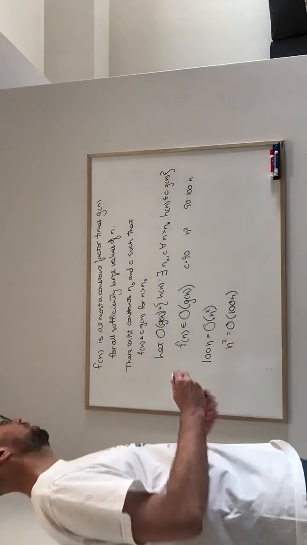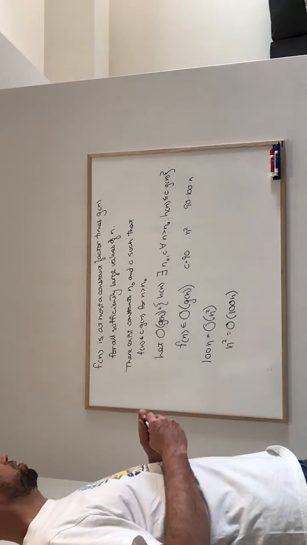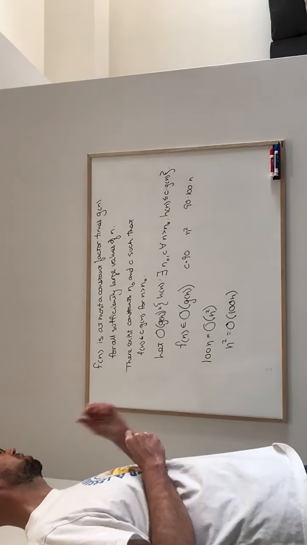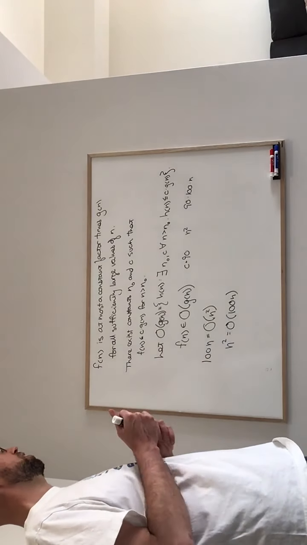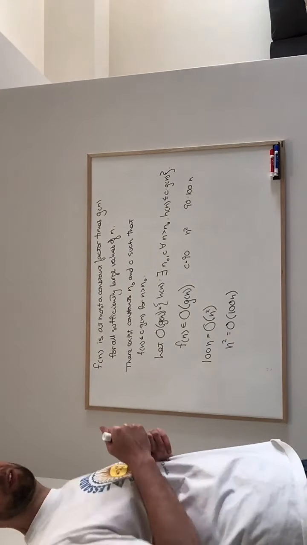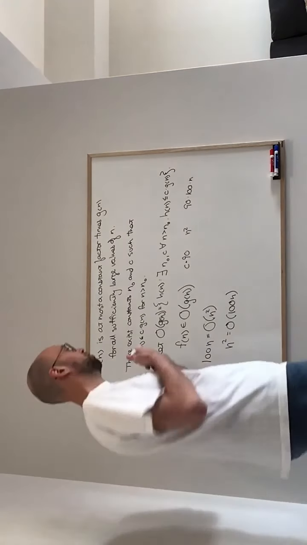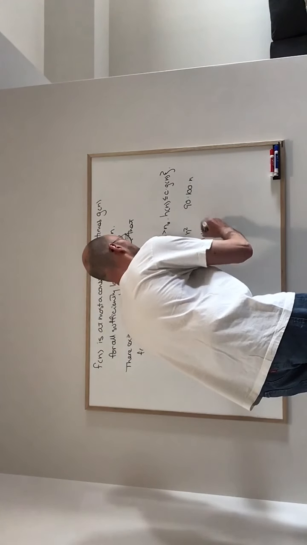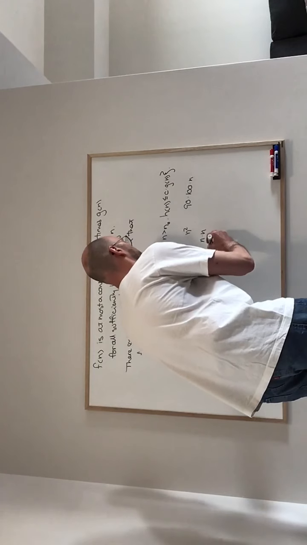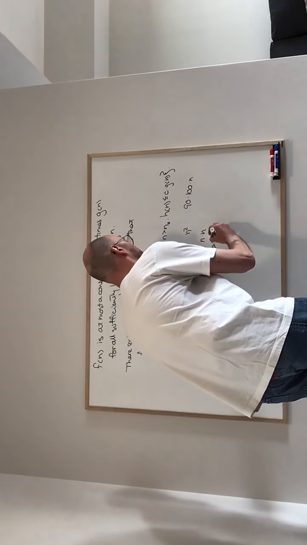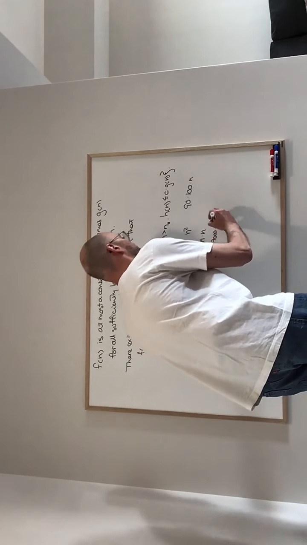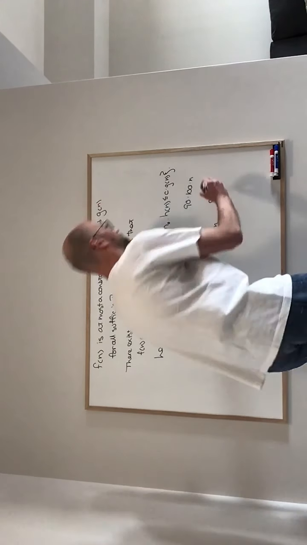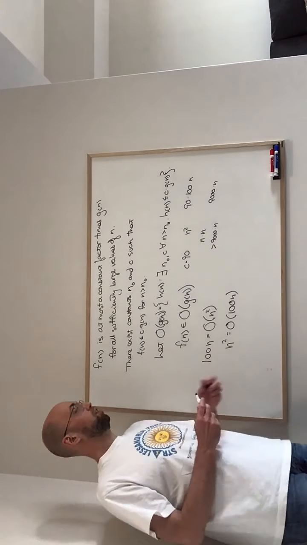Consider n strictly larger than 9,000. Then n times n is going to be greater than 9,000 times n, whereas this side is 9,000 times n. So this is not true.